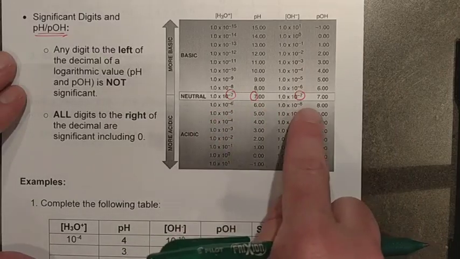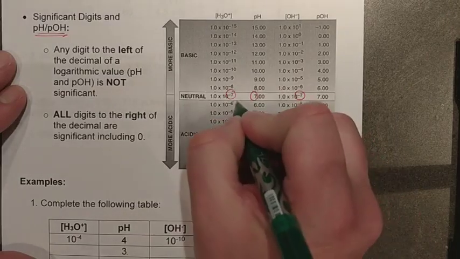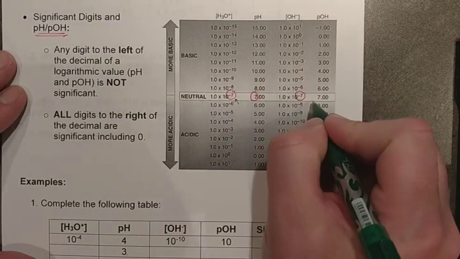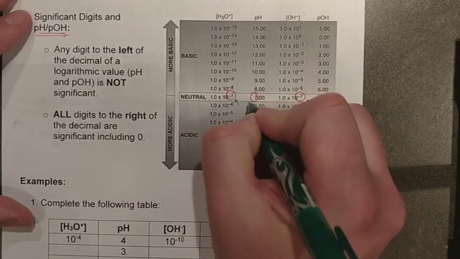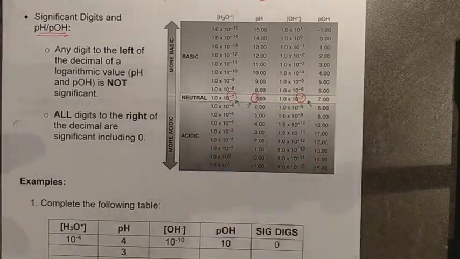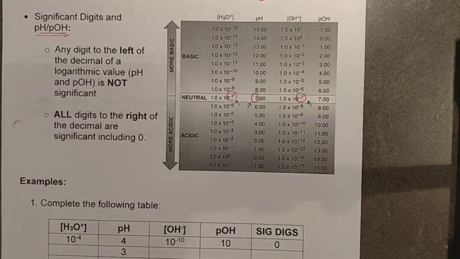And as we look at it, we remember that in scientific notation, the exponents here and here were not significant digits. They just told us where the decimal is. So in a log value, the numbers to the left of the decimal just happen to tell us where the decimal point is.